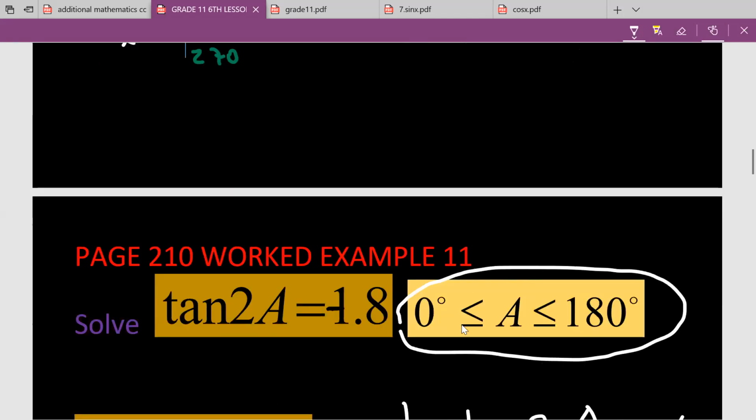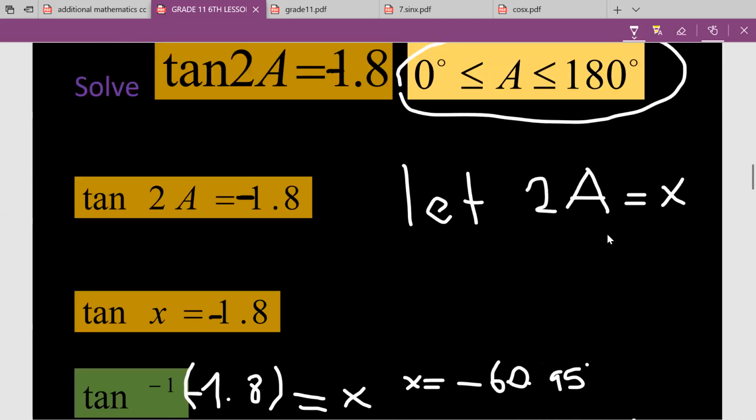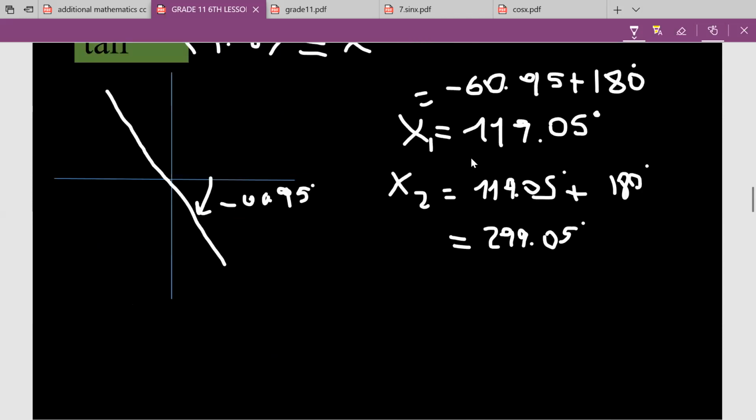Yes, but I will find the value of a. If you remember, x is 2 times a. So what will I do? I will divide those x solutions by 2 to find the value of a. So to find the value of a, 119.05 degrees divided by 2.